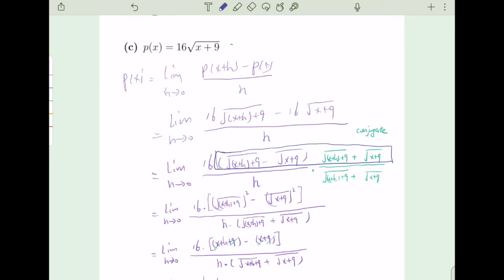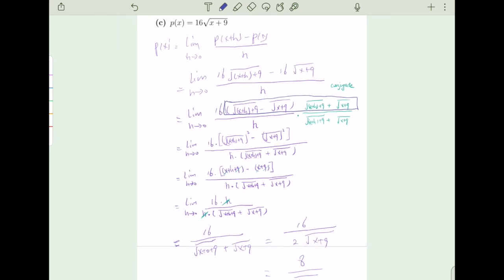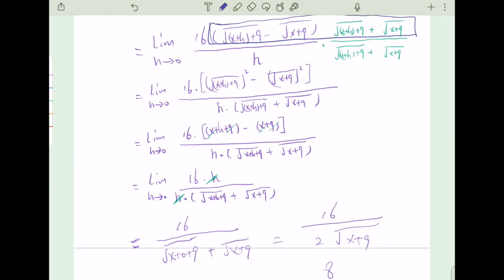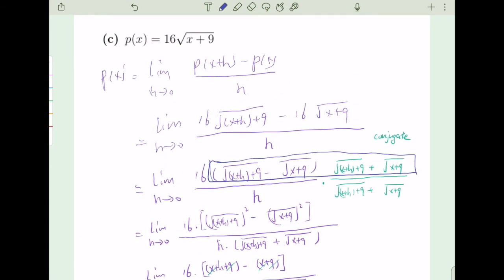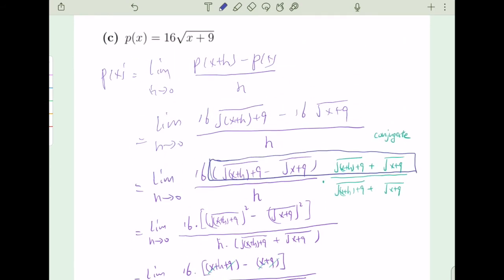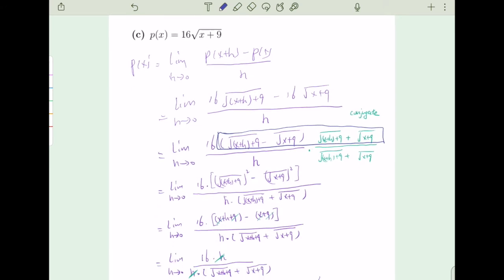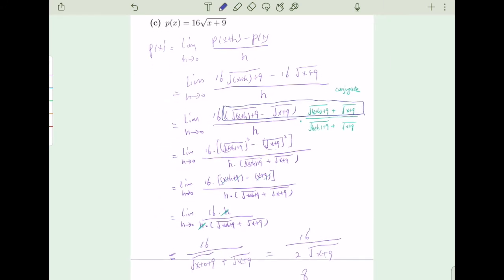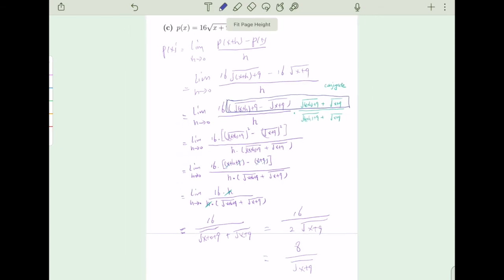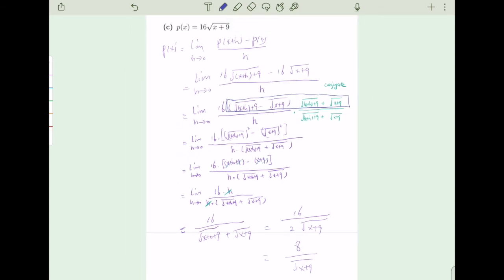Maybe you haven't covered this in class, so maybe we will do it next time because it uses something you haven't learned. And if you've learned it, just check it yourself. It's not very complicated. So that is our question C.